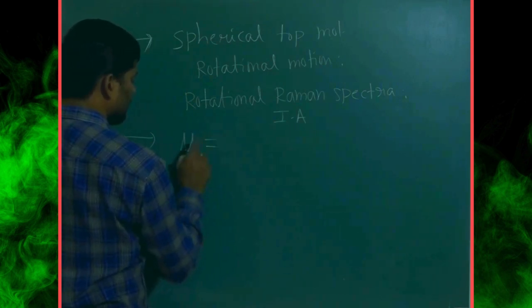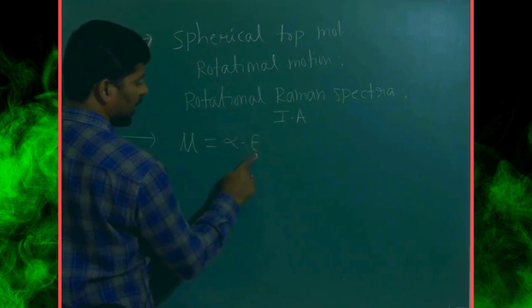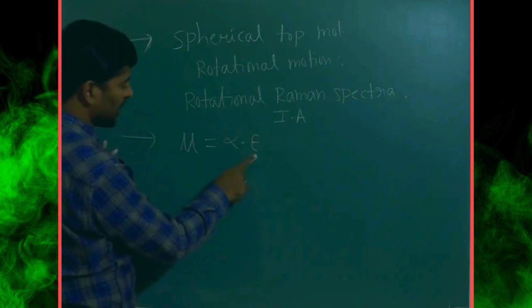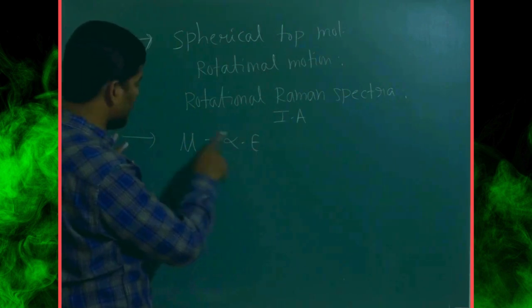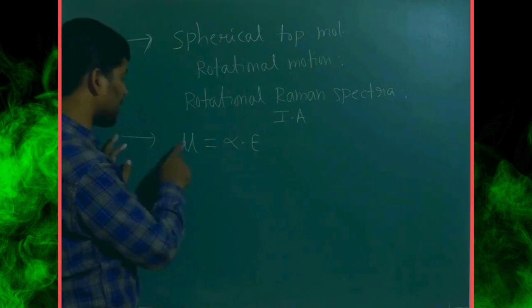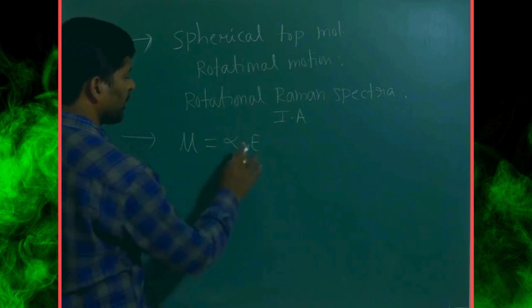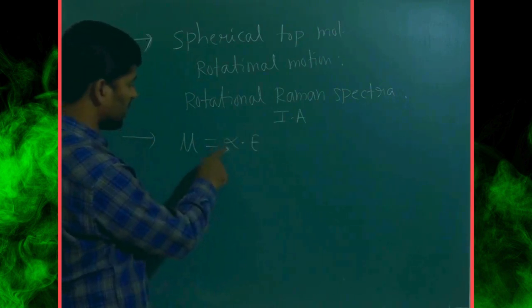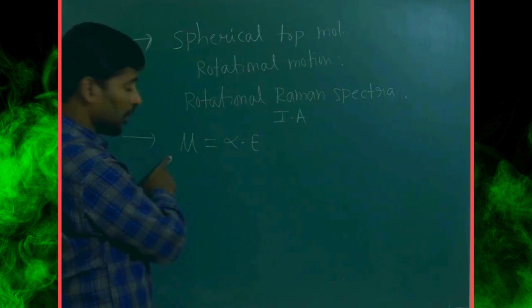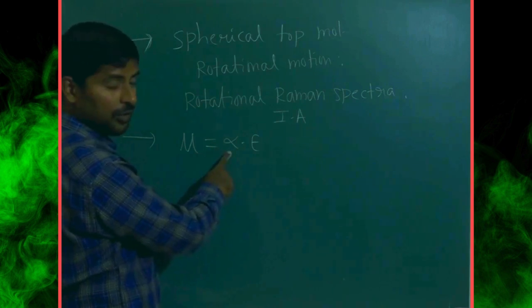The extent of polarization is given by mu equals alpha into E. For a given molecule alpha is constant, so if you apply more electric field, more induced dipole is created, and mu means the induced dipole here.